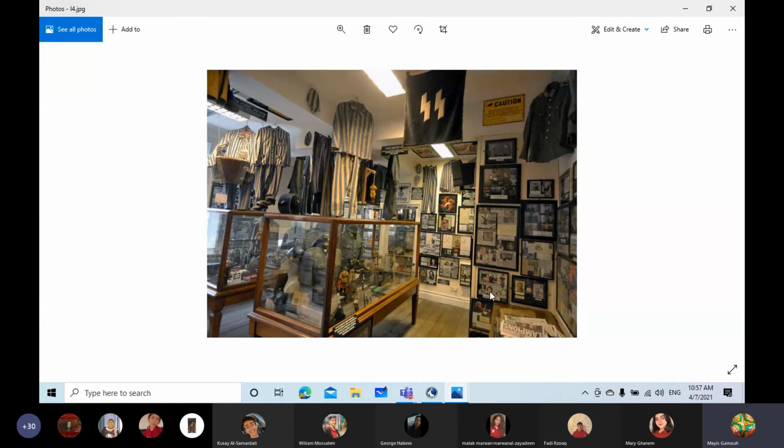And here we can see a couple of pictures of people, maybe the prisoners who were there or the people who worked there, and these are here in the glass box. We can also see the uniform of the policemen, and some weapons in here and other stuff.